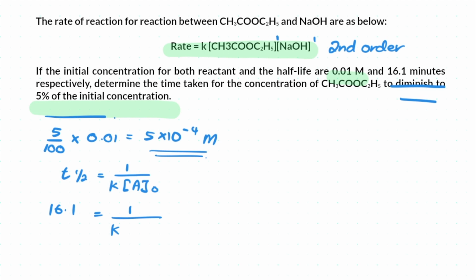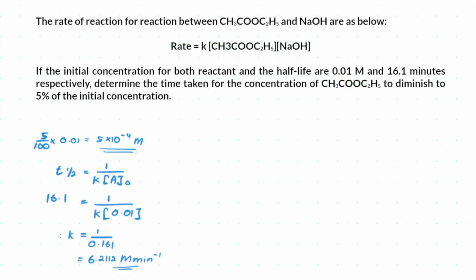Therefore, you can find the value of K because you were given the initial concentration 0.01 molar. Therefore, your rate constant for this second order reaction is equivalent to 1/0.161. Therefore, you will get your K is equivalent to 6.2112 molar per minute.